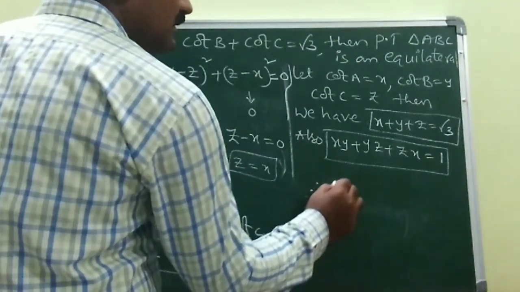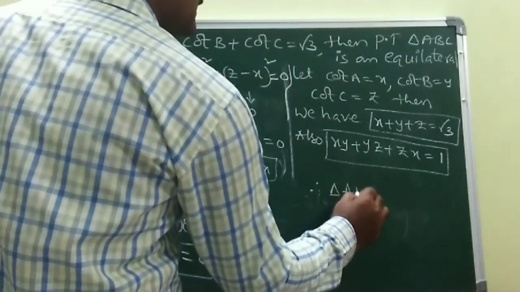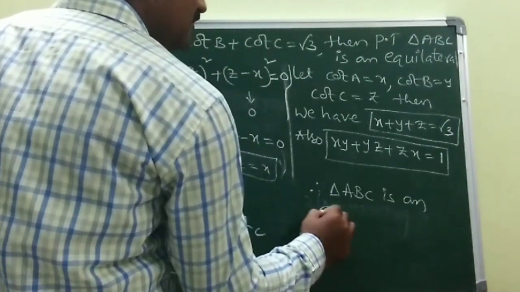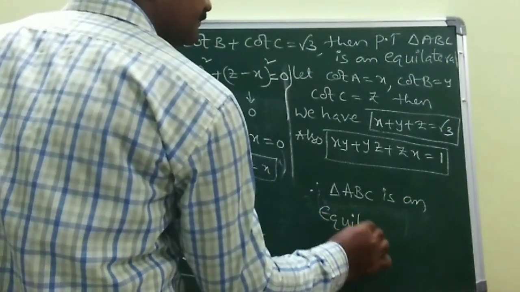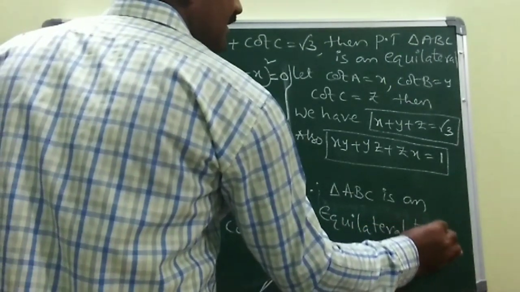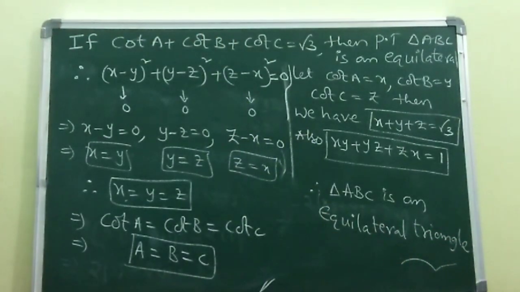So therefore triangle ABC is an equilateral triangle. See the beautiful problem this is.